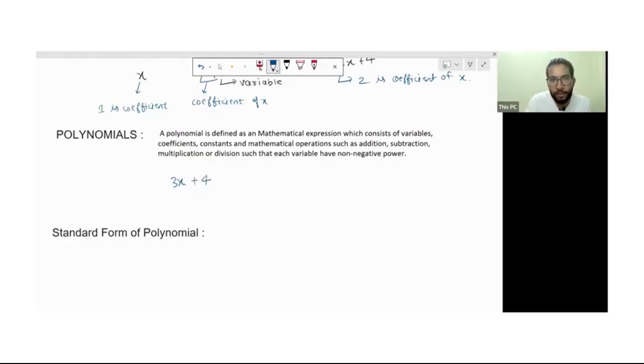So using this knowledge, up to that, a polynomial is defined as a mathematical expression in which I have used variable, coefficient, constant, and operations. But we have one condition that each variable has a non-negative power, which means if I write 3 by x plus 4, okay, then it is not polynomial.